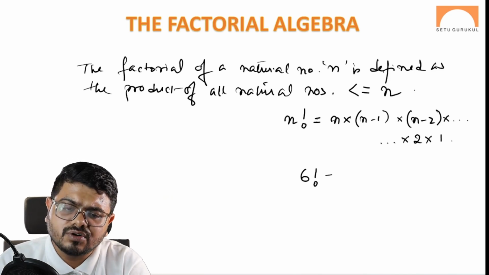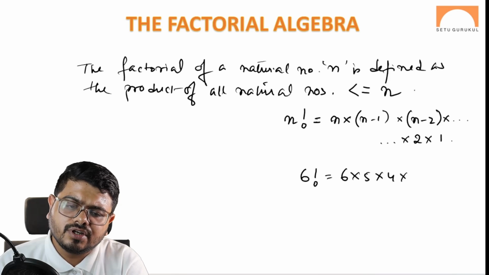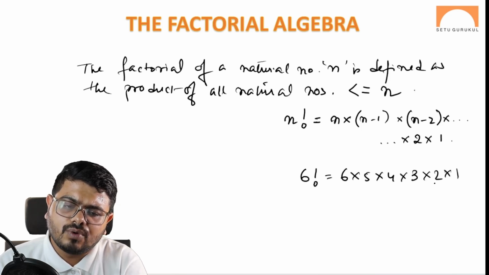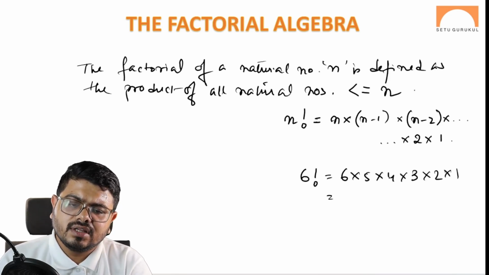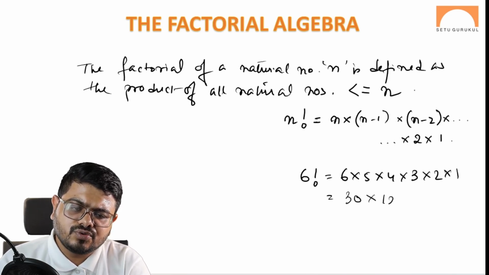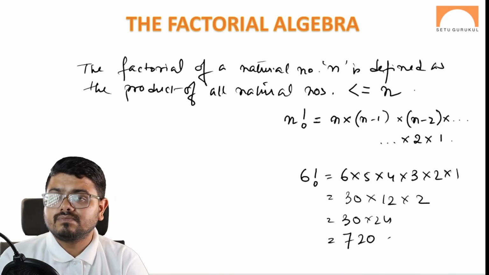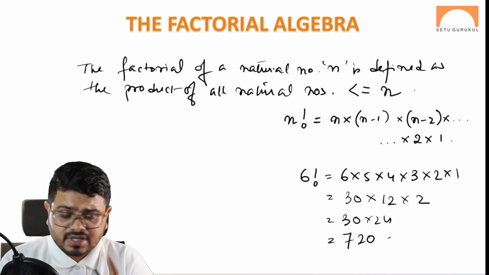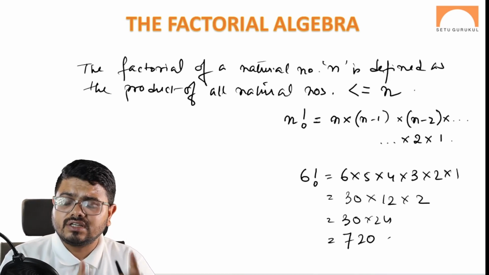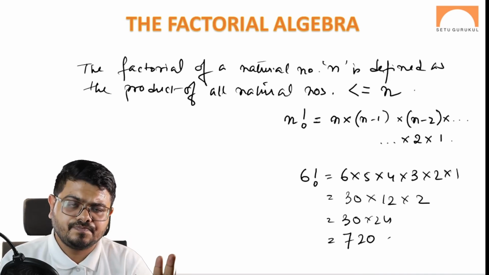How much is 6 factorial? To put that into a number, 6 into 5 into 4 into 3 into 2 into 1. That's somewhere near 30 times 12 times 2. So that's 30 times 24, which is 720. That's a large number. So 6 people can be made to sit in 720 different ways.